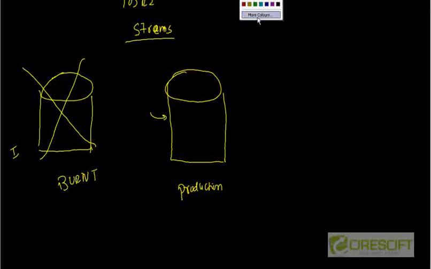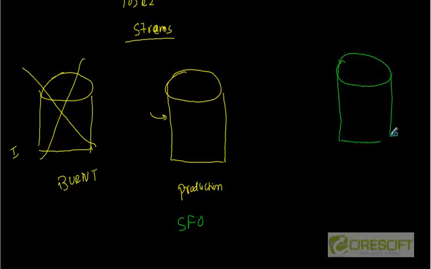Let's say this is in San Francisco, and here is another place, somewhere in London, or let's say Chicago. I have another database in Chicago, and I'm going to replicate this production database in my Chicago database.